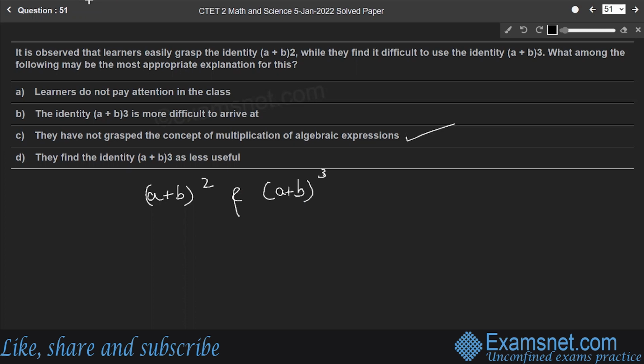If the students had grasped the concept, they would have understood both identities equally. Since they have just memorized the identity (a plus b) whole square because it is easy, they are not able to derive the identity (a plus b) whole cube. Here the correct answer is option C.